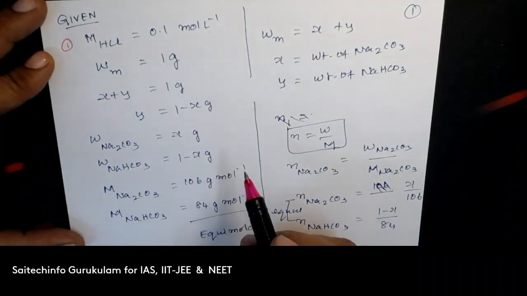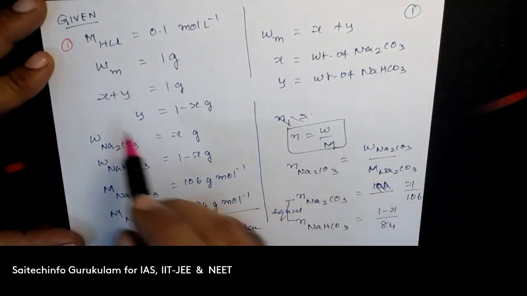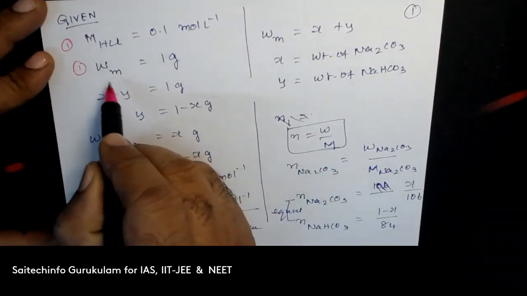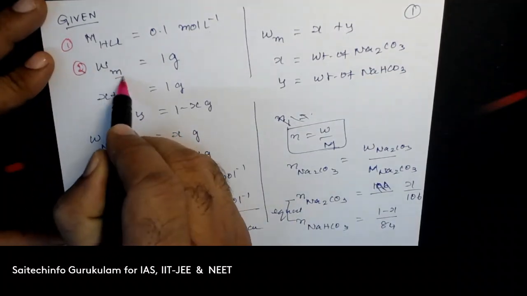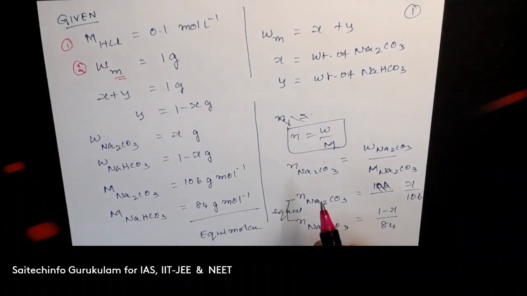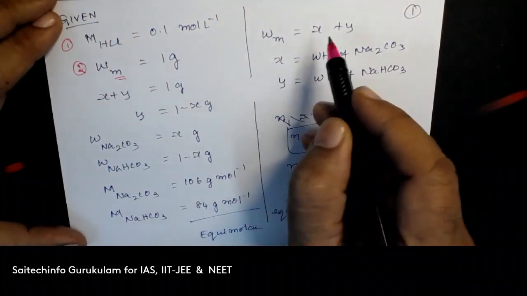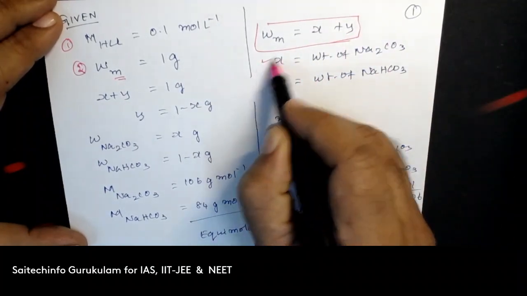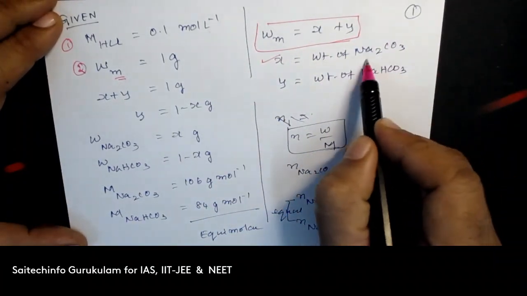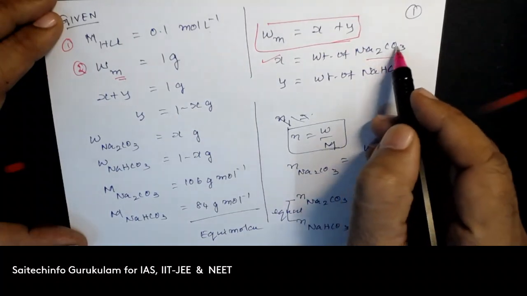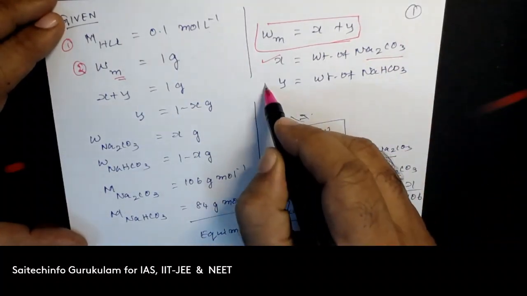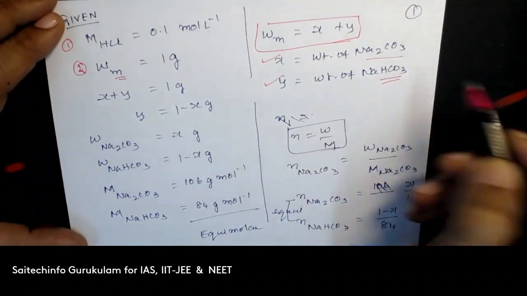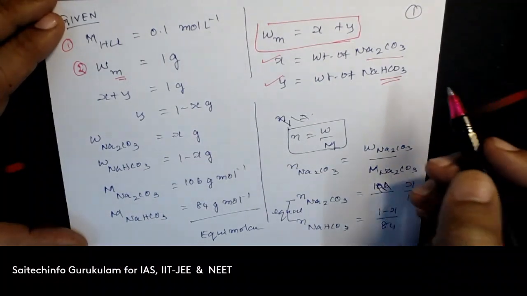Secondly, it is given as 1 gram mixture. So let me represent this as mixture, Wm. This mixture consists of X plus Y, that is X is the weight of sodium carbonate Na2CO3 and Y is the weight of sodium bicarbonate or hydrogen carbonate.